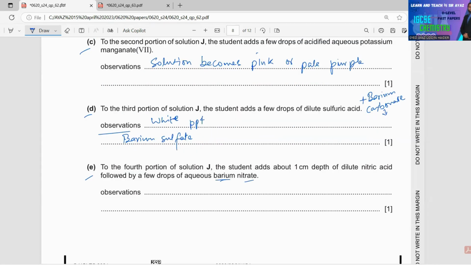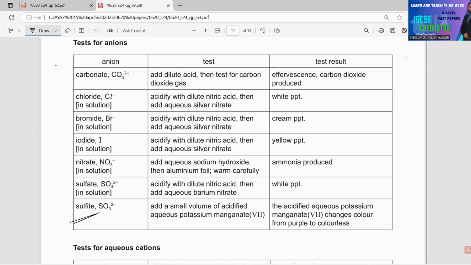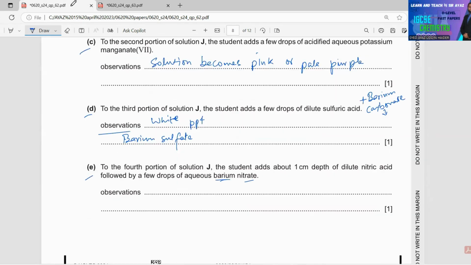They are not having any sulfate ion. The test for sulfate ion is done by adding dilute nitric acid followed by barium nitrate, used to test SO4 2- ions. So we will write no change here.